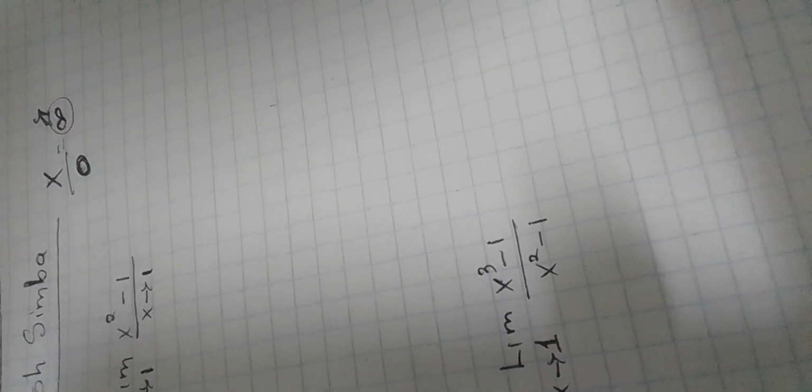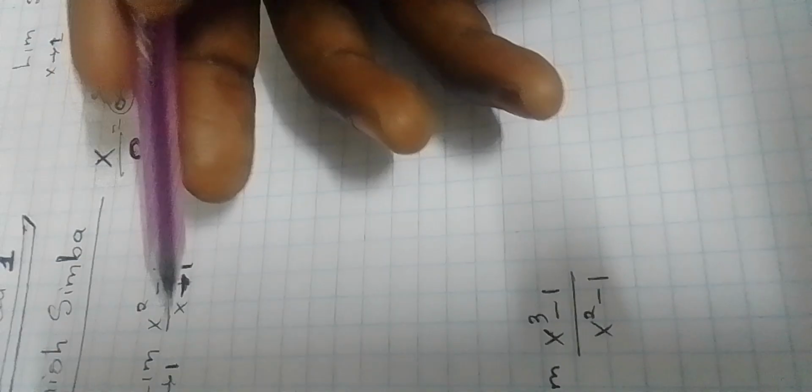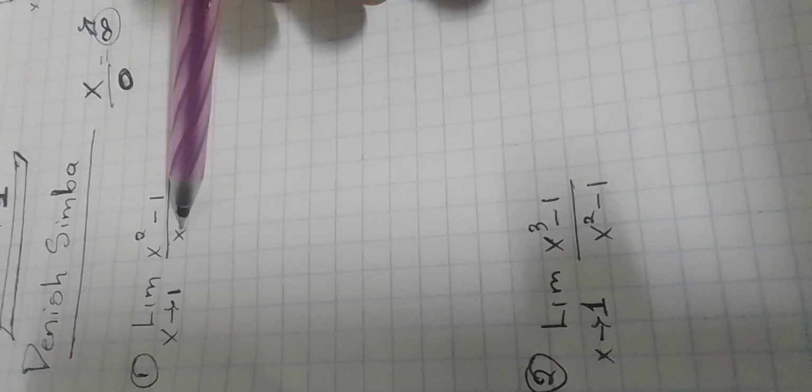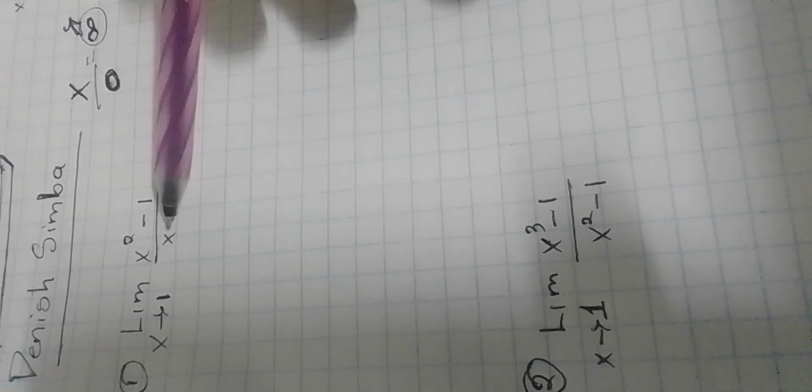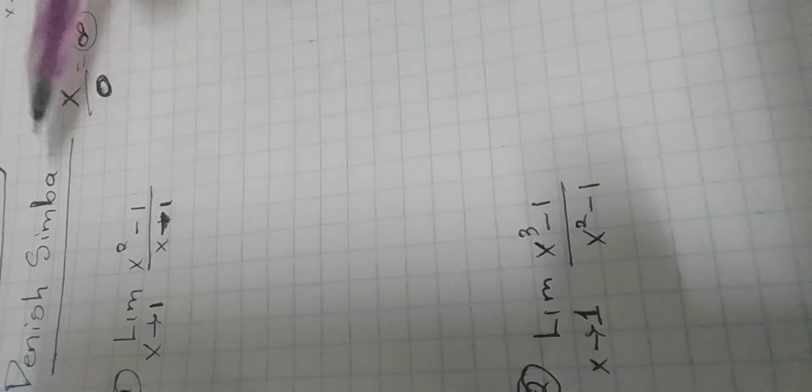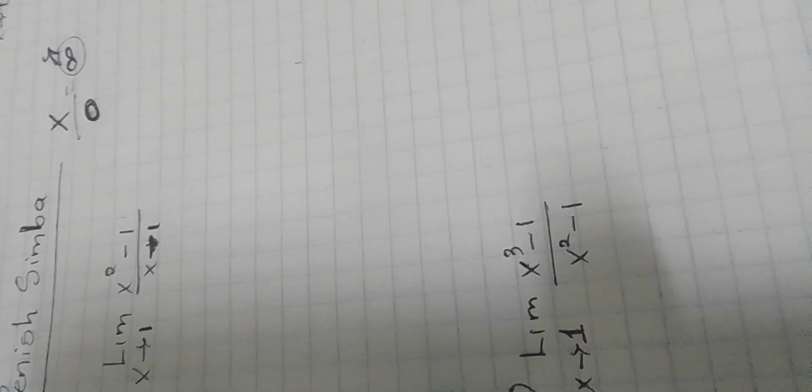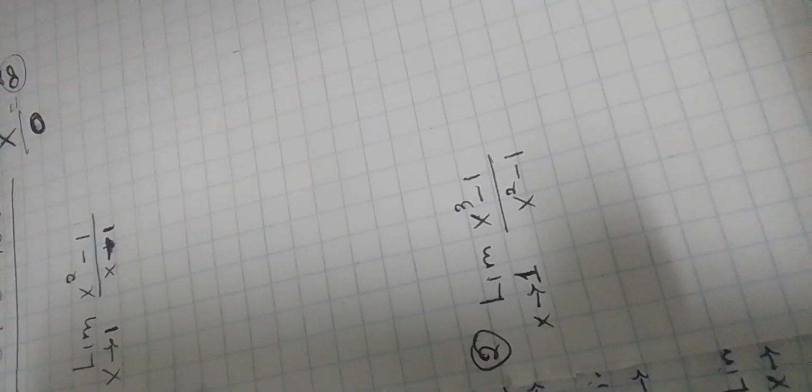So in this number 1, we cannot start solving it by substituting 1 for x, because it will give us a number over 0, which is infinity and will not work. So the first thing, I think we factorize.